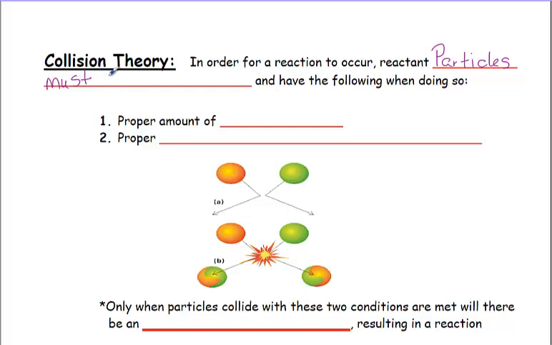Hence the term collision theory. And they must have to do the following in order to have a reaction: the proper amount of energy and the proper alignment or orientation or direction.